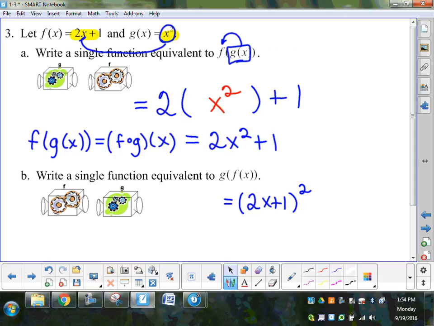Right now, you all are going to go through and FOIL this, first, outer, inner, last, double distribute, whatever you want to call it. What do I get if I take the quantity 2x plus 1 and square it out? You can give the rectangle a try, that's fine. Whatever it takes, just make sure you get it done.